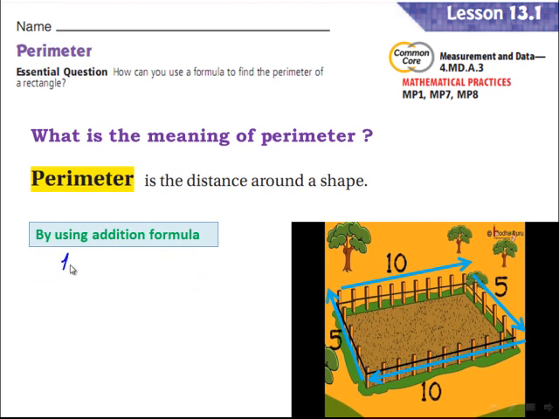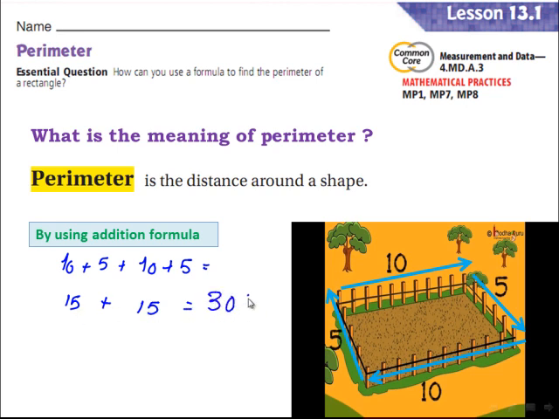Let's write it. 10 plus 5 plus 10 plus 5. Let's calculate it. 10 plus 5 is 15. Plus 10 plus 5 again, also 15. Equals 15 plus 15.